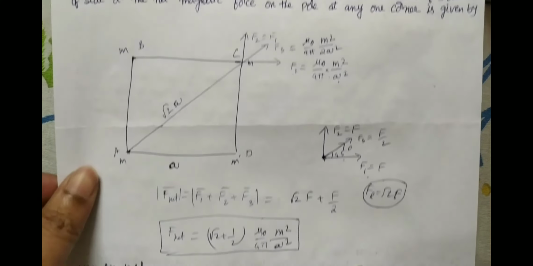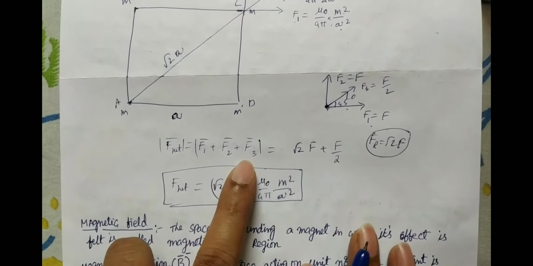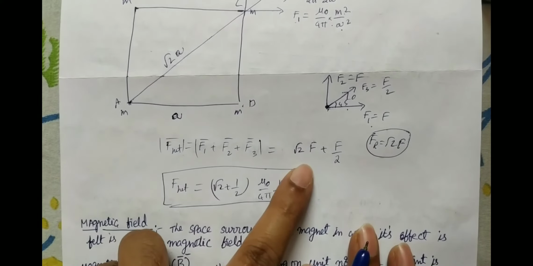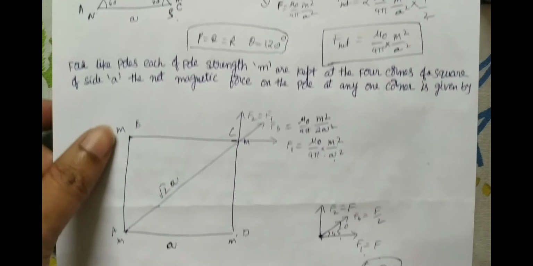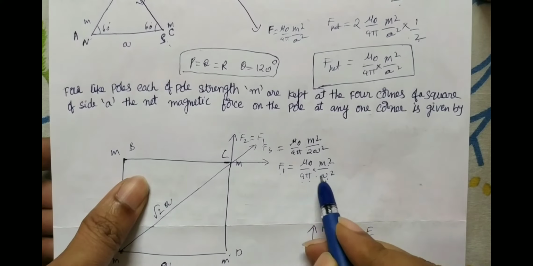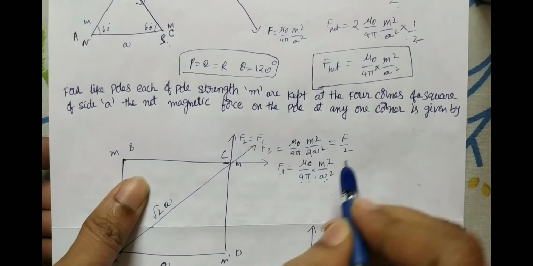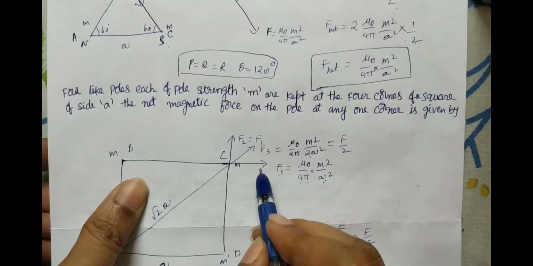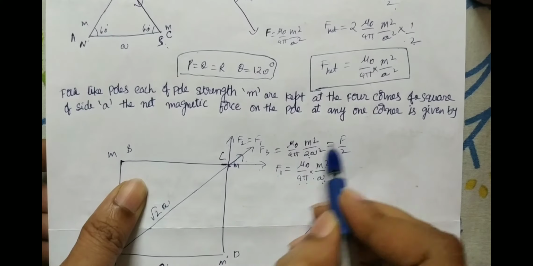So here the resultant force is equal to F1 plus F2 plus F3. F1 plus F2 is root 2 F, and F3 is F by 2. Why is it F by 2? You see that the F value is mu naught by 4 pi m square by a square, but here there is an additional 2, so we can write this as F by 2. Now the resultant of these two is acting in this direction, that is root 2 F, and F by 2 is also acting in the same direction.